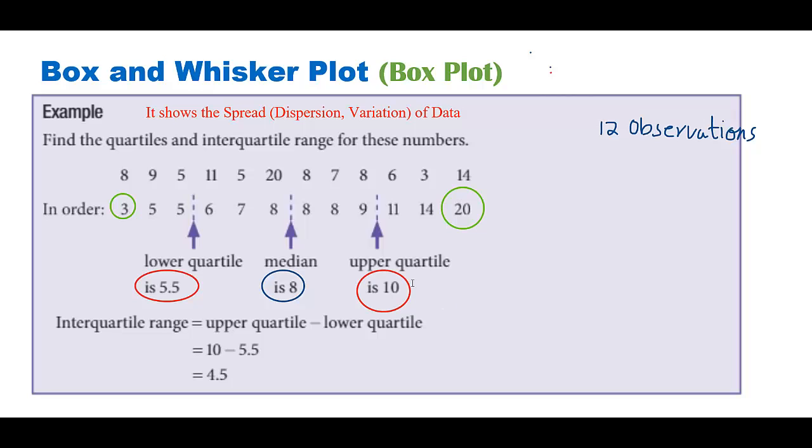This is Q1, the first quartile. Q3 is 10: 5, 6, 7, 8, 9, 10. 10 will be over here. This is the Q3 line. Now join these Q1 and Q3 lines.